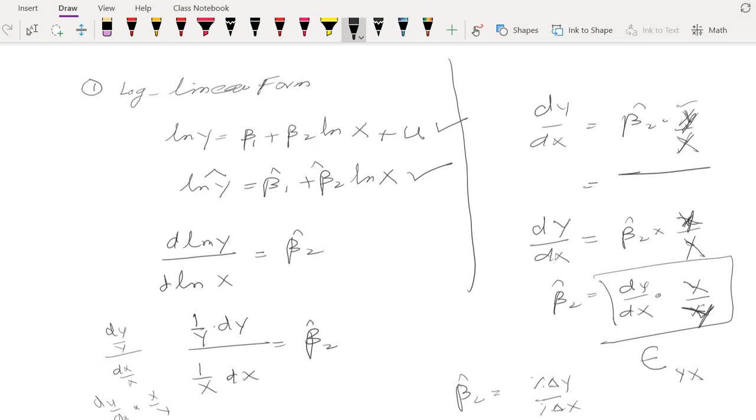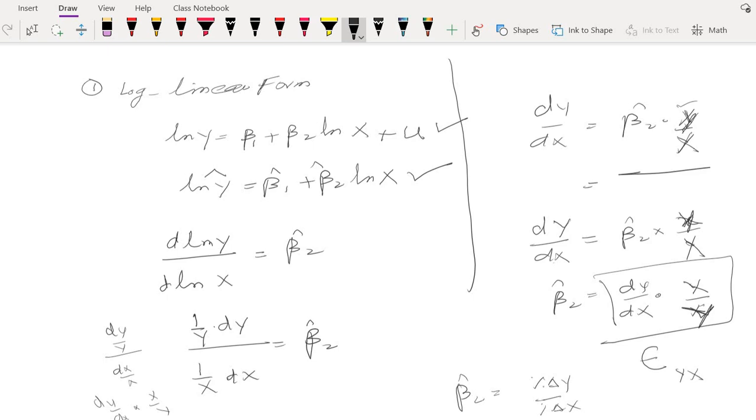For example, if y is representing production and x is representing labor, then beta 2 will represent how much percentage change will take place in production if I increase the labor by 1%. That is the beta 2 value. This model is very famous because the coefficients directly represent the elasticity.